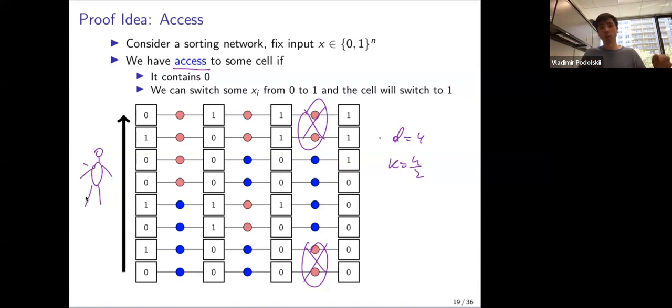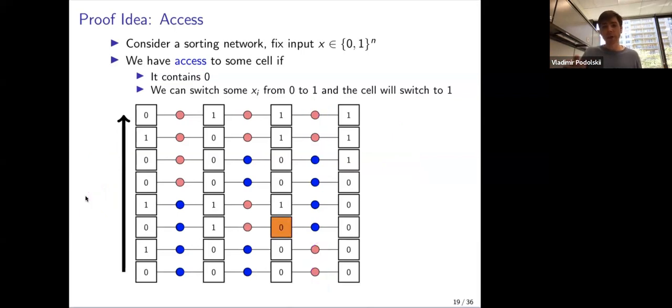So you can switch the light on in some input, and then something will happen in the next arrays. In the next levels of the network, something will also switch from 0 to 1. So you have access to some cell if it is currently switched off, if it is 0, but you can switch it on just by switching one input variable. To give you an example, I actually have access to this particular cell.